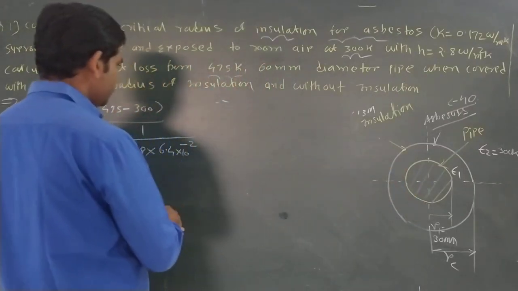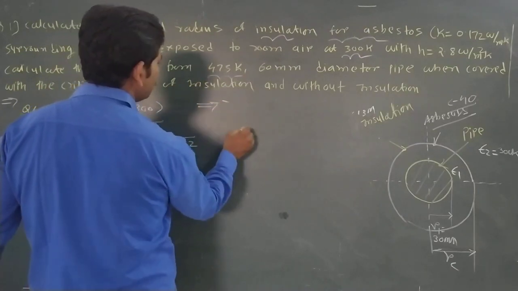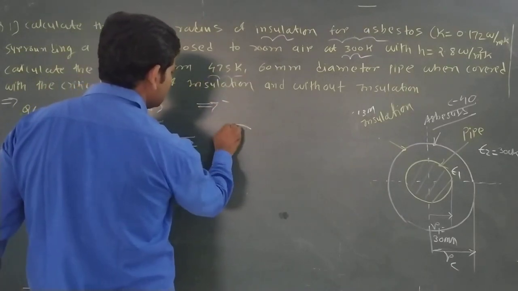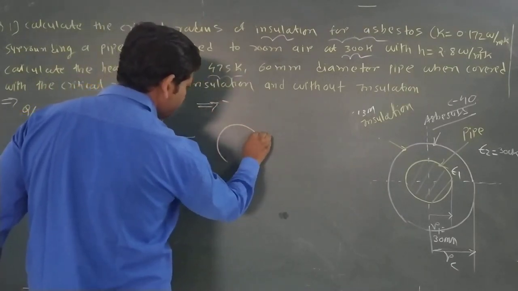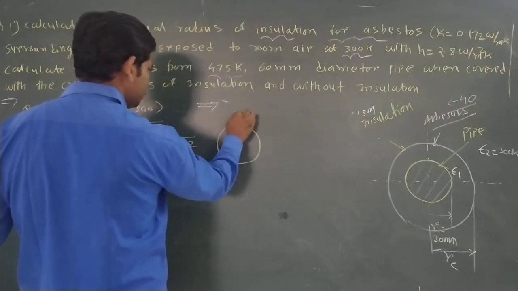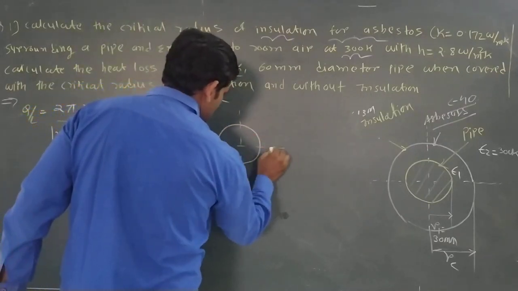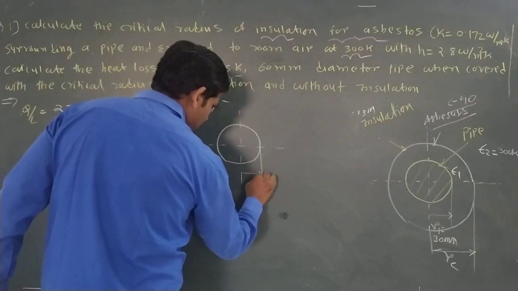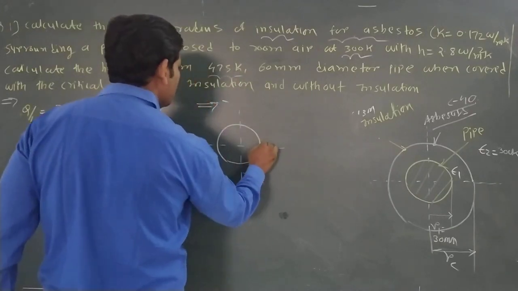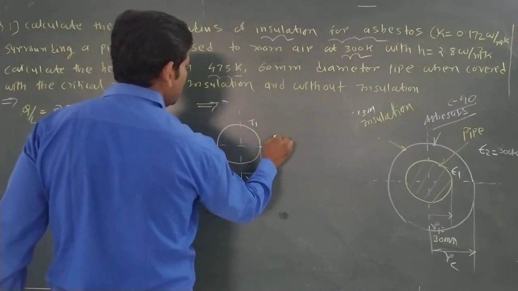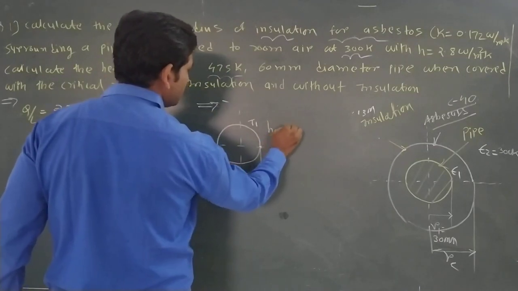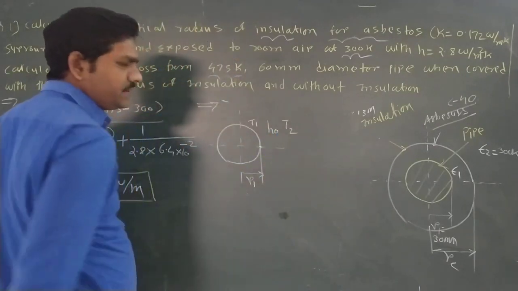What is remaining? Only this pipe is remaining. We know this radius R1. We know this temperature T1, and there is a direct heat transfer coefficient, and this T2 will be there.